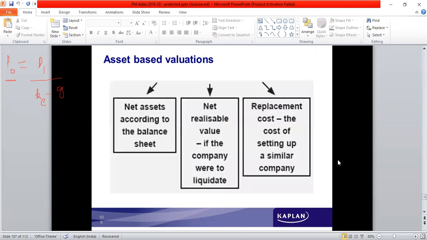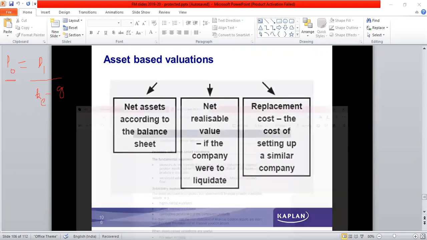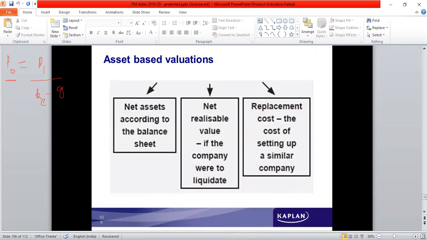Now, when the market values are realized, so here in this case when we are looking at the assets when they are liquidated, or when they are finding out what is the replacement value of the assets, some of the assets do not realize any value. If they are there, they can get the benefit out of using the assets.